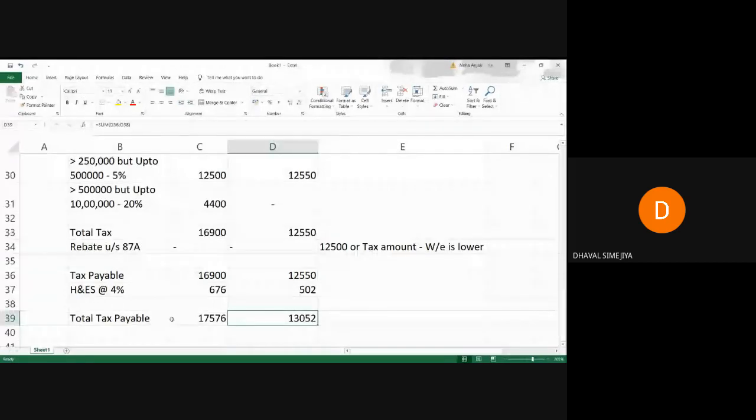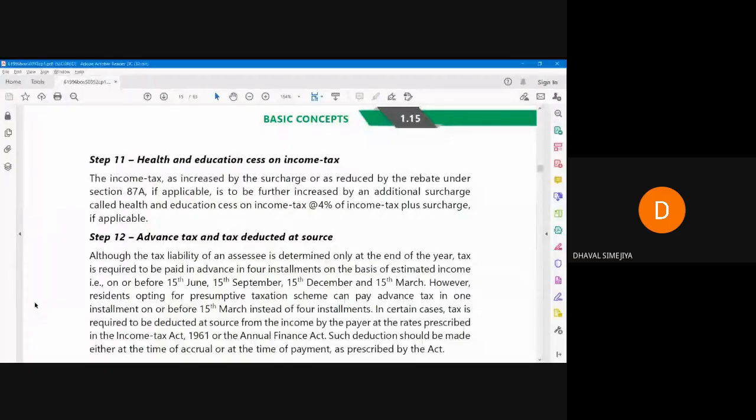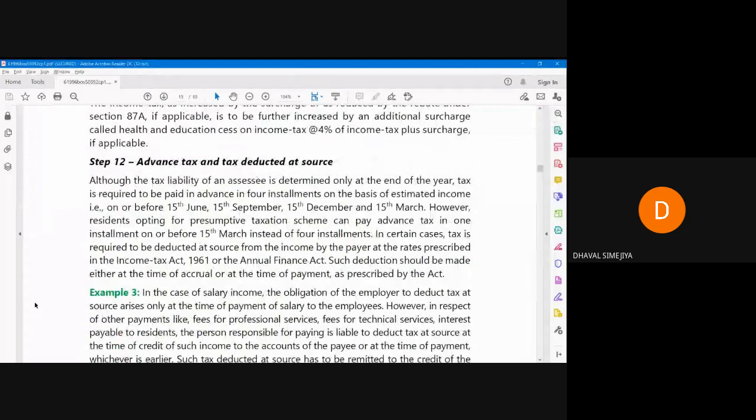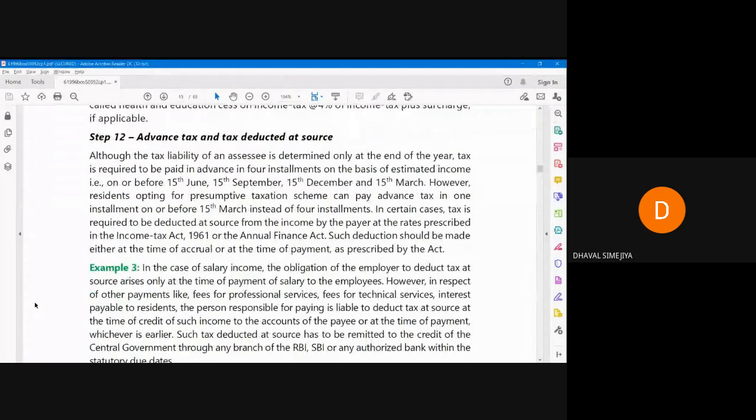Now, let's come to the PDF. Advance tax and TDS. This is your separate module, but in semester 4.